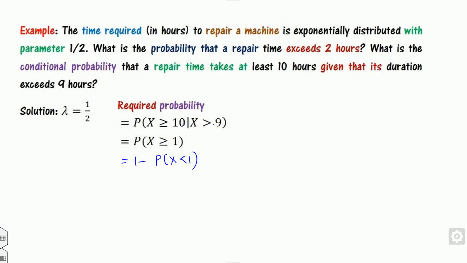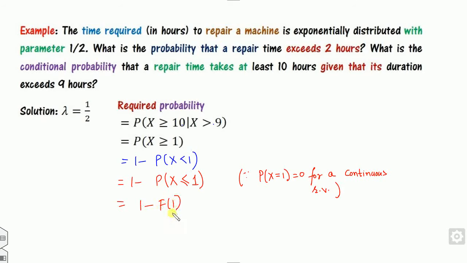For the CDF you need the equality sign also, but X is my continuous random variable. So there is no problem, because the probability at a single point is 0 for a continuous random variable.